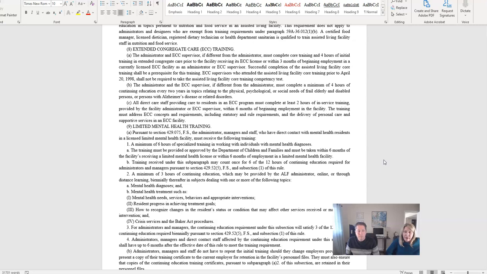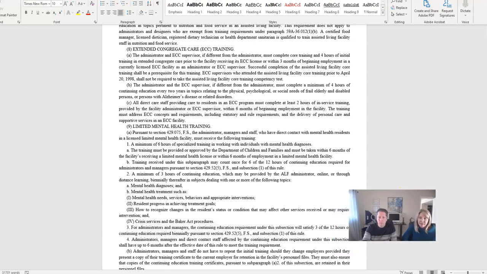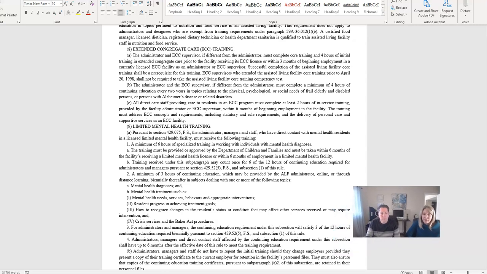So a minimum of 3 hours of continuing education, which may be provided by the ALF administrator online through My ALF Training or through distance learning biannually thereafter in subjects dealing with one or more of the following topics: mental health diagnosis, mental health treatment, mental health needs, services, behaviors, and appropriate interventions, resident progress in achieving treatment goals, how to recognize changes in the resident status or condition that may affect other services received or may require intervention, crisis services, and the Baker Act procedure.